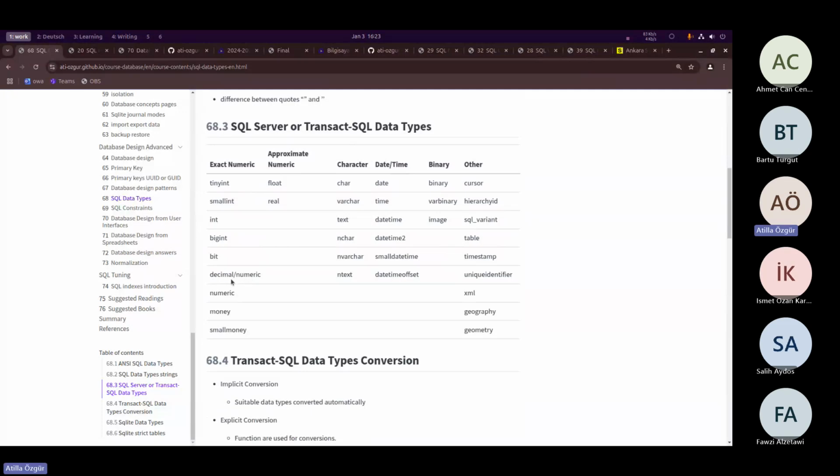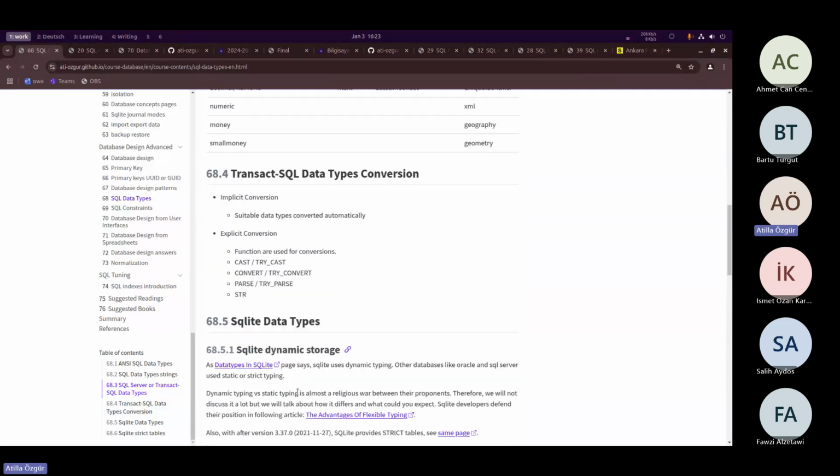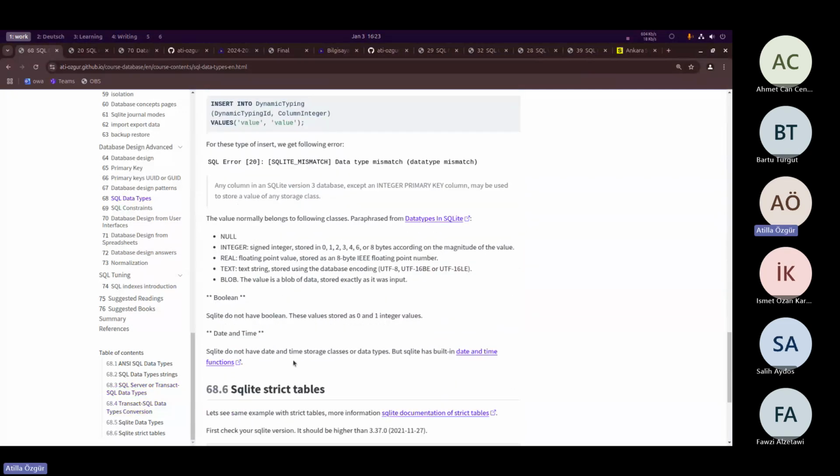And invoice should be one of them, either money, numeric, decimal, or small money, money. But in SQLite, for invoice we can put real, but the problem with real is it is a floating point. Therefore, it is not exact.